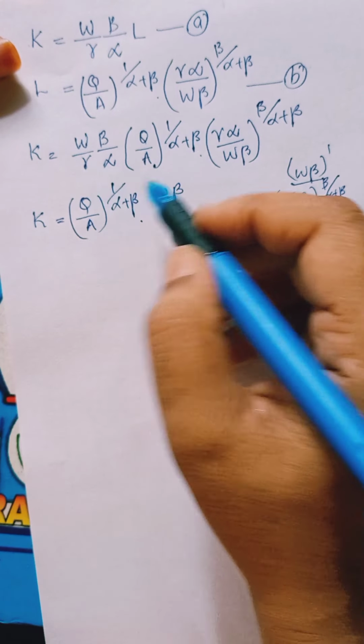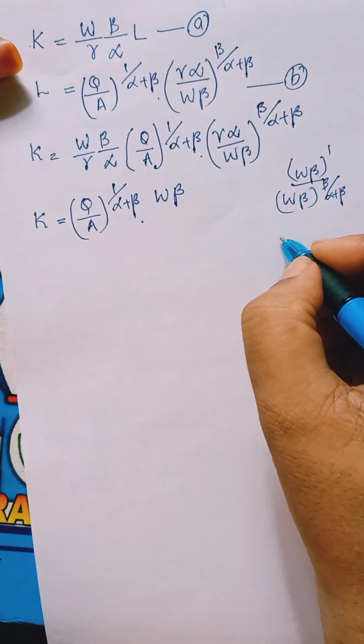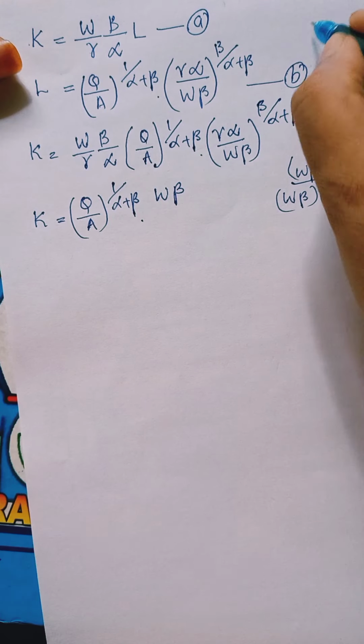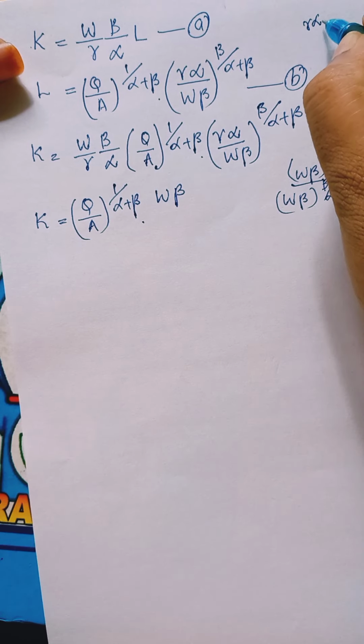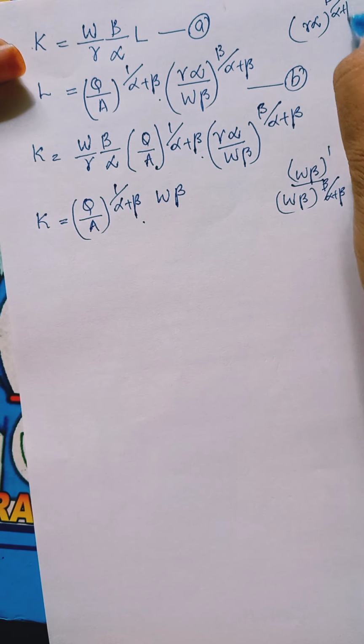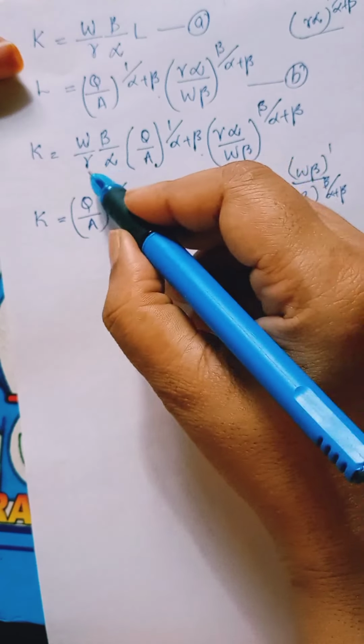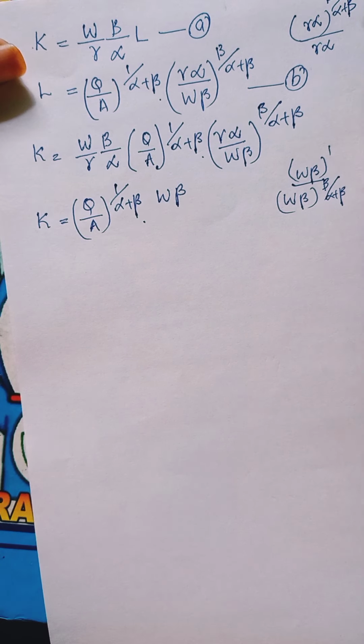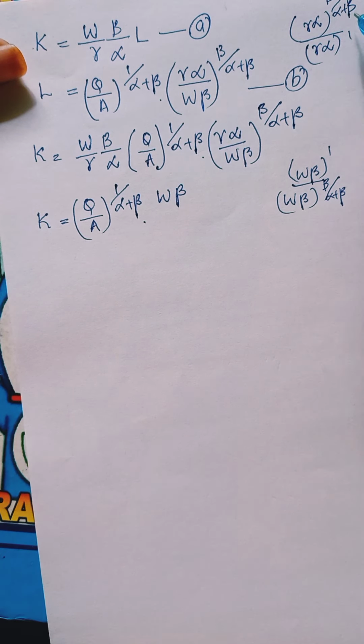Similarly, here R alpha raised to beta by alpha plus beta is there, then divided by R alpha, whose power is 1. Then again we take alpha plus beta as the LCM and solve these powers.